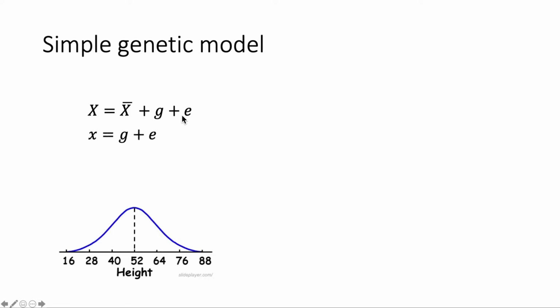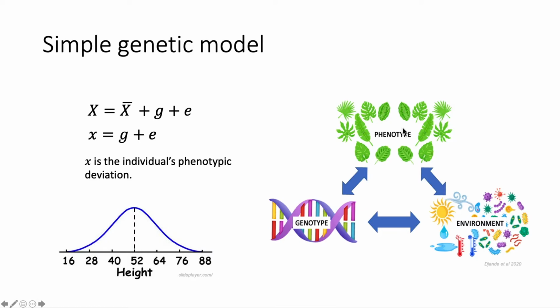As the population mean is a constant in the population, we can just remove it, and we have that the individual's phenotypic deviation of every single sample is equal to the genotype plus environmental effects. The phenotype is basically the product of the genotype and the environment. So that is why we're interested in understanding the genetic and the environmental components.